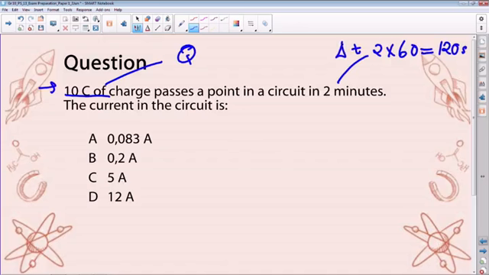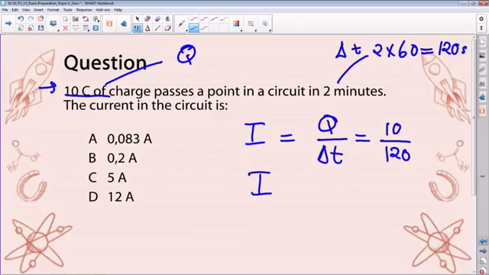So we know that I, which is current, is equal to the quantity of charge that passes through a point per second, or rate of flow of charge. So in this case, we've got 10 divided by 120.